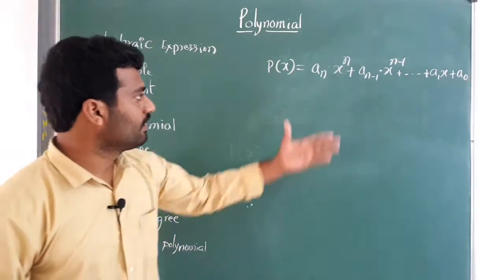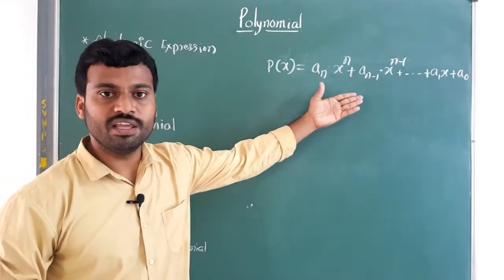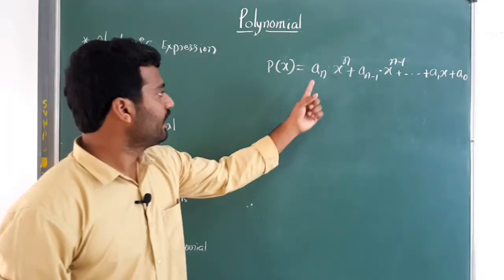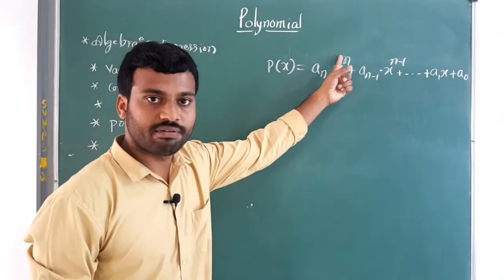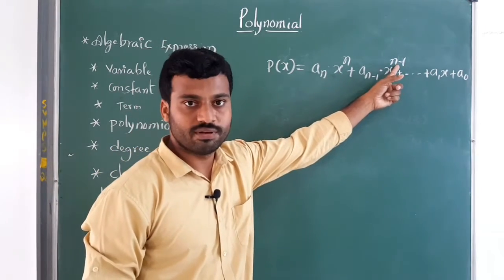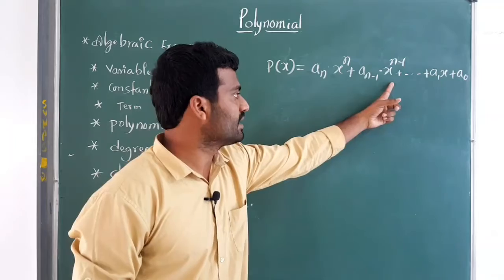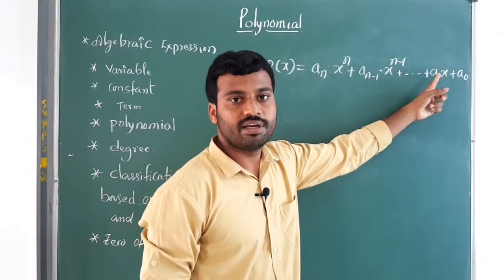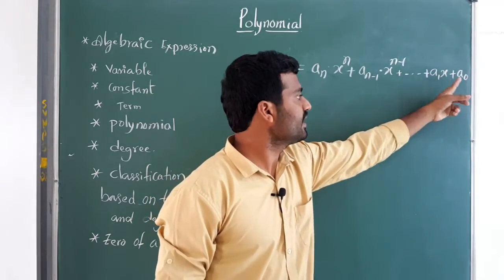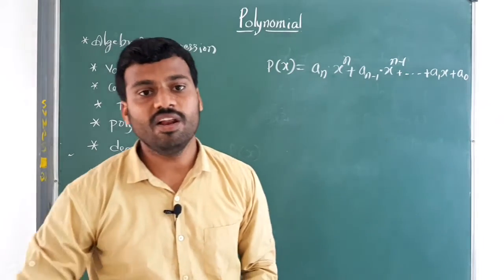This is the general form of the polynomial. How are we representing? a n into x to the power of n plus a n minus 1 into x to the power of n minus 1 plus and so on, a1 into x to the power 1, or x you can say, plus a naught. Clear or not?